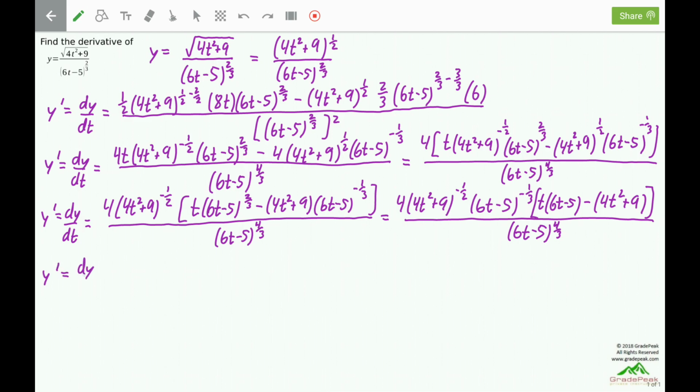So y prime, or dy dt, will be, the next thing we can do is these two negative exponents that are in the numerator that are multiplying everything, well, since they're negative, they can move now to the denominator and be called a positive exponent. That 4 will stay in the numerator. And inside the square brackets, I'm going to distribute this t into here. So that'll be a 6t squared minus 5t. And I'm going to distribute the negative into here, so that'll be a negative 4t squared minus 9.